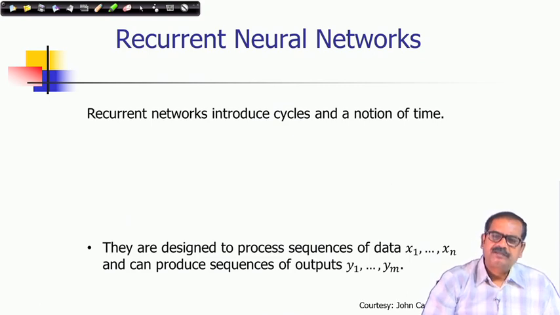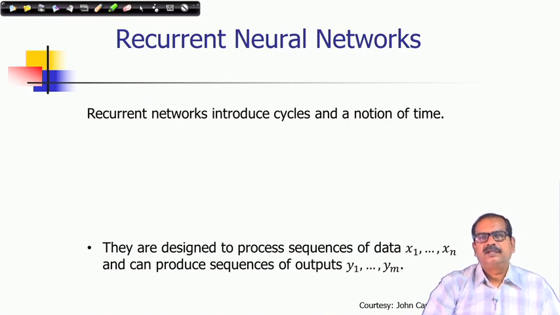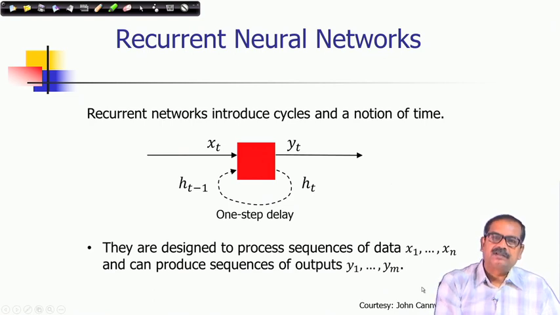The basic feature of the recurrent neural network is that it introduces cycles and a notion of time. Consider this diagram, where the red square represents a recurrent neural network node.